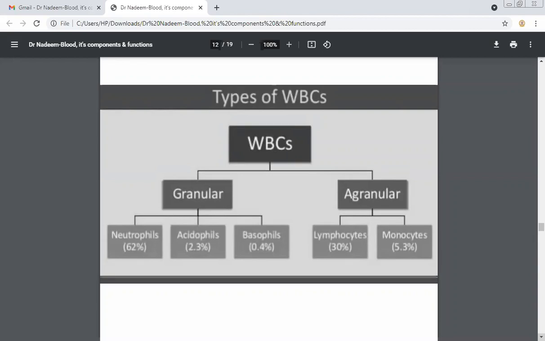Which one is the antibody producing cell of the granular and agranular? Anyone can tell? Lymphocytes. Yes, it is the lymphocytes. And which lymphocyte is responsible for antibody production, that is immunoglobulin production?